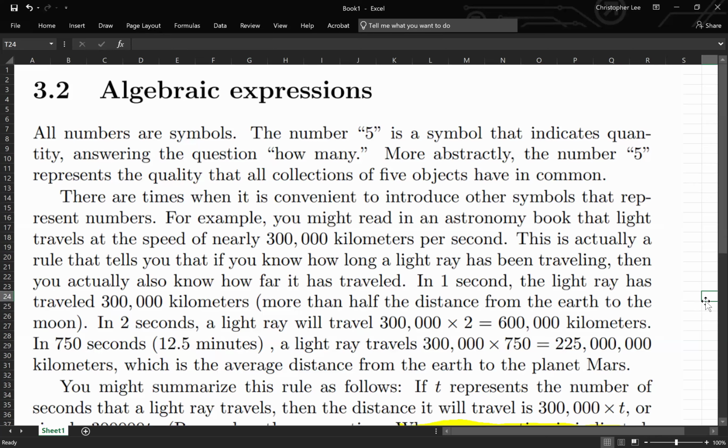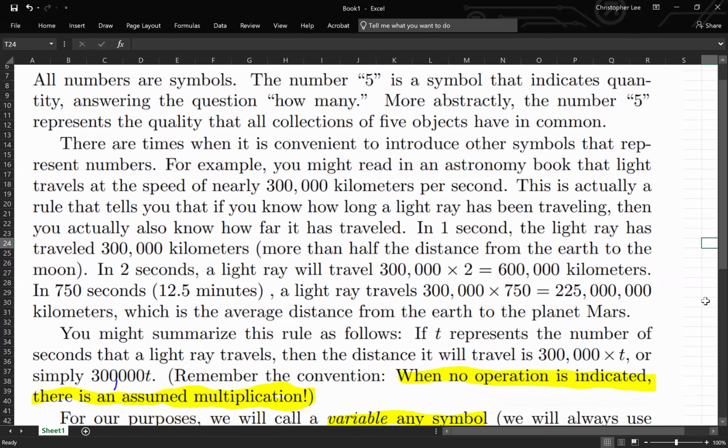In 2 seconds, the light ray will travel 300,000 times 2, which is 600,000 kilometers. In 750 seconds, which is 12.5 minutes, a light ray travels 300,000 times 750, which is 225 million kilometers, which is the average distance from Earth to the planet Mars. You might summarize this rule as follows.